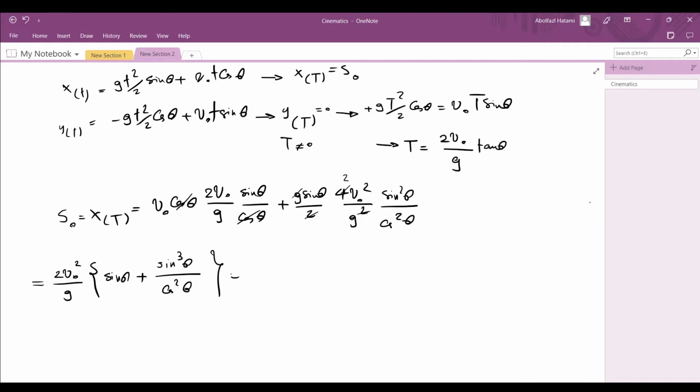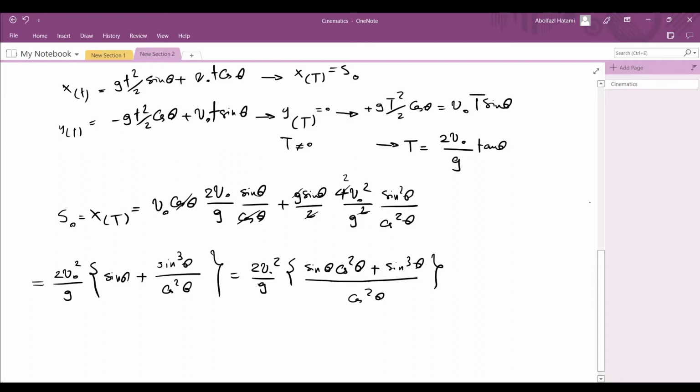I can make a common denominator, plus sine to the power 3 divided by cosine to the power 2.